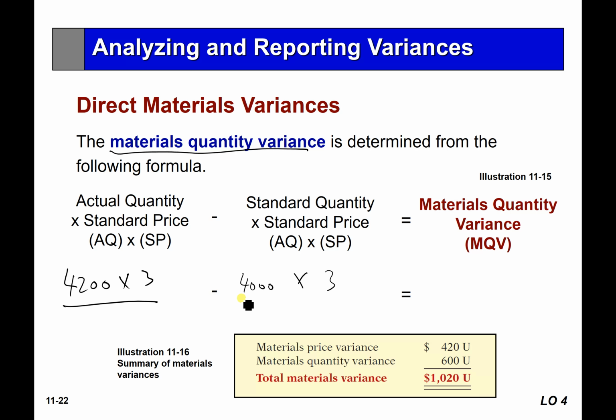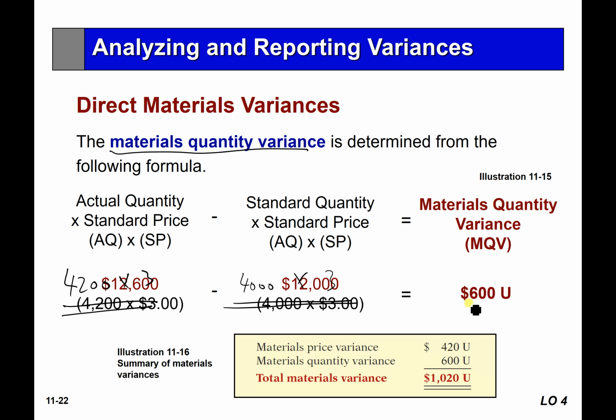Now we have to talk to the production department because these people are wasting a lot more material. There's something going on. If you calculate that answer, it is $600 unfavorable. So remember, your $1,020 unfavorable variance: about 400 of it is coming from the price variance, and the other 600 is coming from the quantity variance.